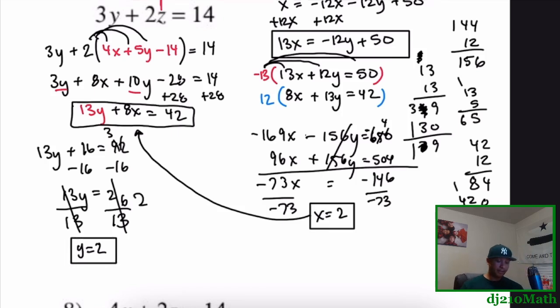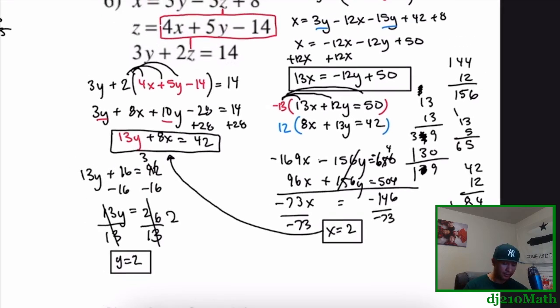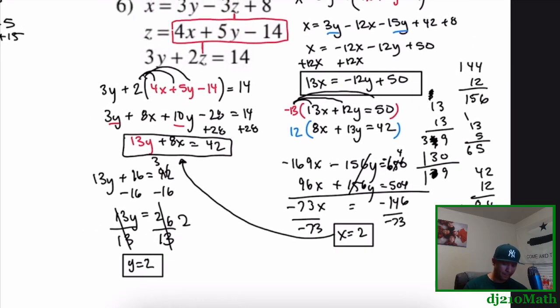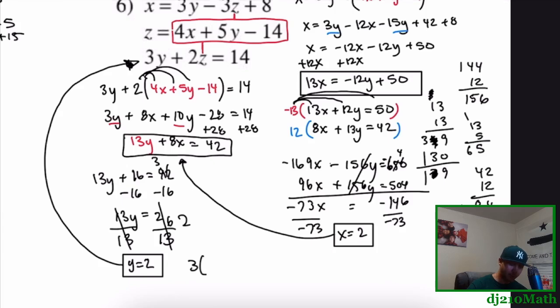So now I have an x and a y. We just need a z. I'm going to take y and plug it into here. Right, this one will give me a z. So 3 times 2 plus 2z equals 14.